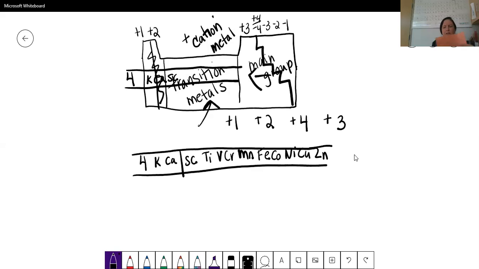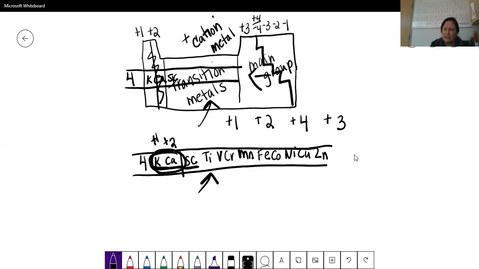Okay, let me just get those written down. Okay, so this is a group 1. This has a +1. This has a +2. Okay, now these 2 electrons right here in the 4th energy level are actually the valence electrons for all of these here.